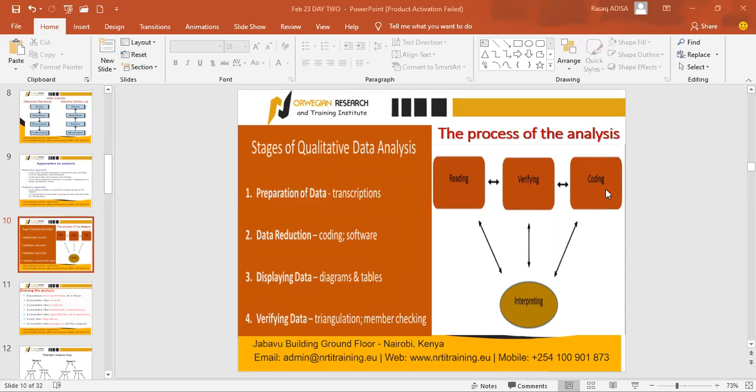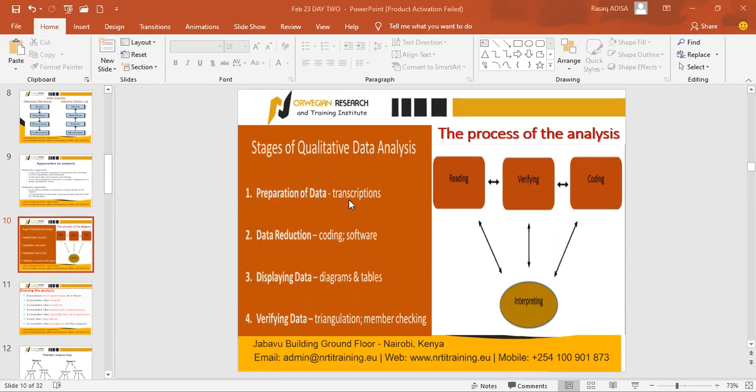You read and reread, read and reread. That is what is expected of any researcher doing qualitative. You may not be able to get the accurate answer to your question when you read the first time, but when you read the second time, you are already trying to interpret what the statement is all about, to link to your research, to code.